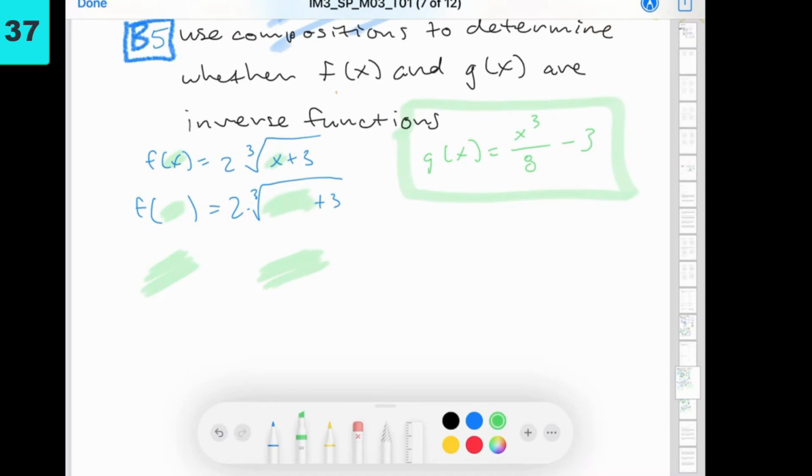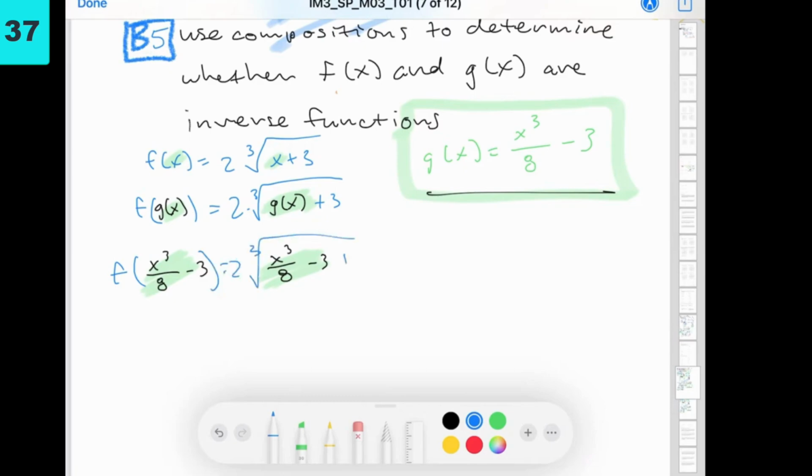And now I am writing this here, g of x. And g of x is x cubed over 8 minus 3. Don't worry about the left side, it looks weird. Don't forget the plus 3.